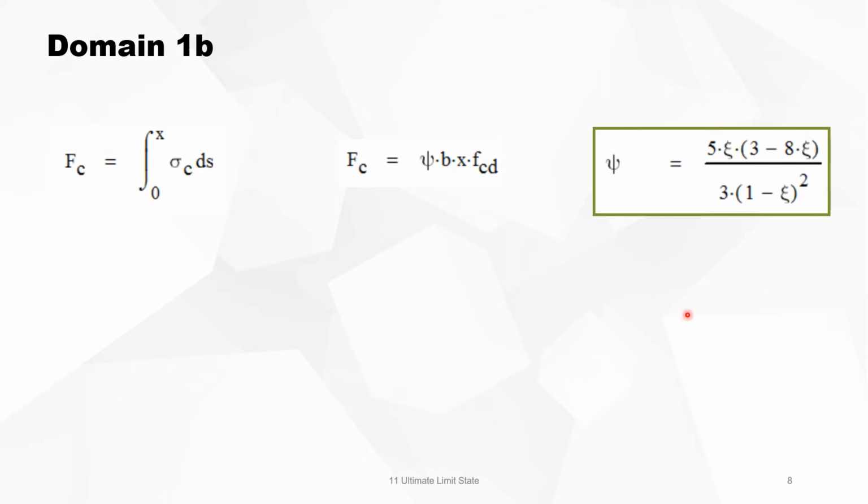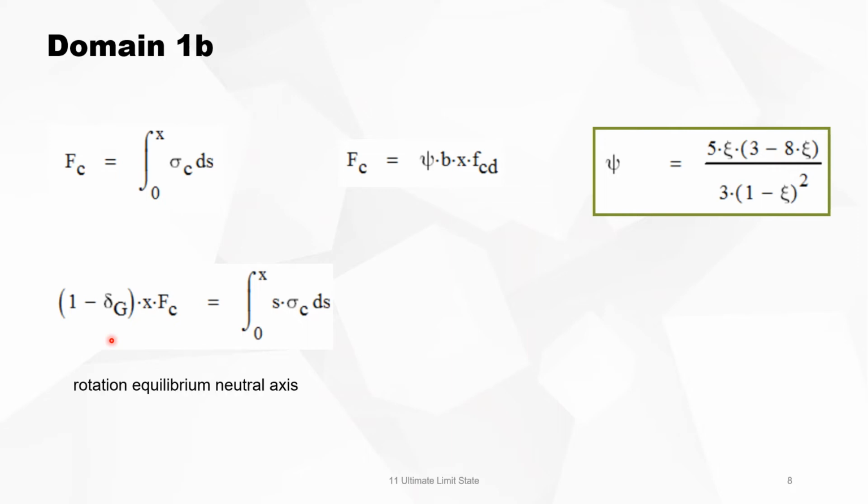Remember that in domain 2a, psi was independent of xi. Now we have a dependence rule, which is this one. We will calculate the location of the force Fc, the compressive force of the concrete.